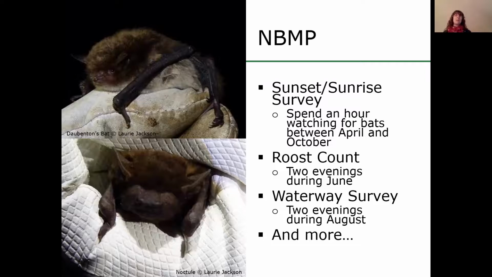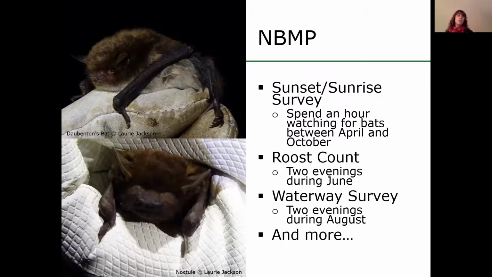Basically you're asked to help out with an hour immediately post dusk, or an hour pre-dawn, which is a beautiful time anyway, because the birds will also be starting to sing. And you're just looking out for bats flying around, and potentially for bats emerging from a tree or a building, or going back in early in the morning. And you don't need a detector to do that. If you have one, it will definitely add to the fun, but you don't need one.